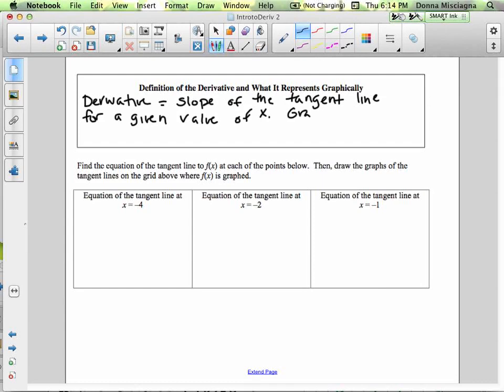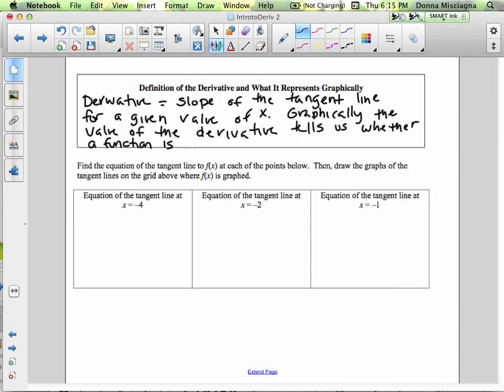Graphically, the value of the derivative tells us whether a function is increasing or decreasing, or remaining constant. So increasing, decreasing, or remaining constant.